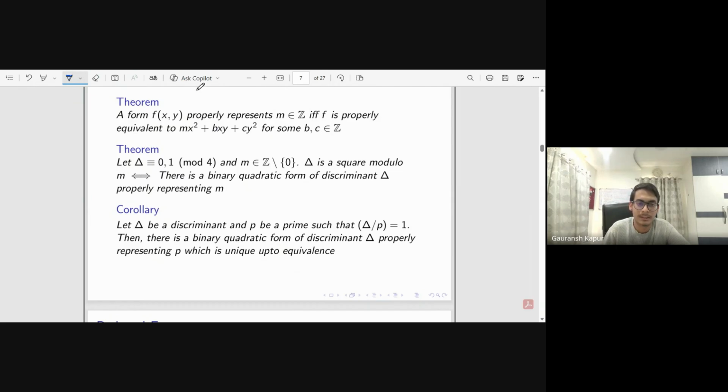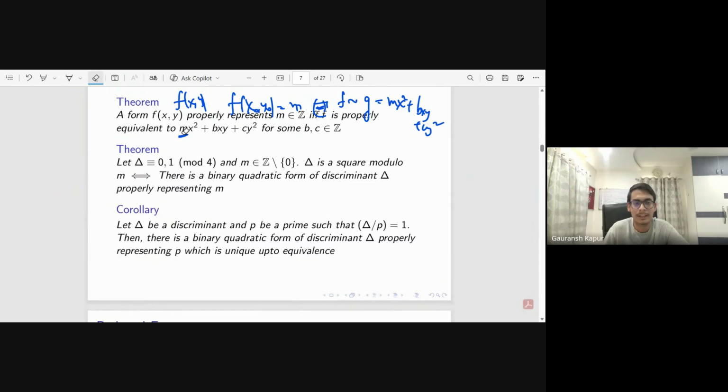So what this is saying is that if you have some form f(x,y) which represents m, that means you can find some integers x naught, y naught such that f(x naught, y naught) is m, then via a suitable change of variables you can transform f to g, where g has the leading coefficient m. So g is m x square plus b x y plus c y square. The proof of this is not very hard, but we can do it towards the end if time is left.